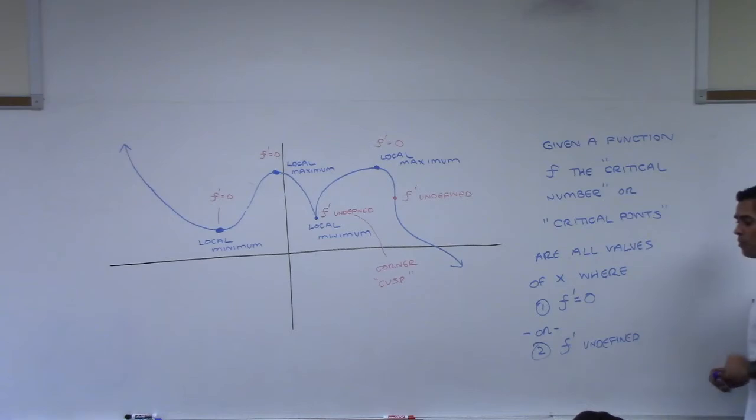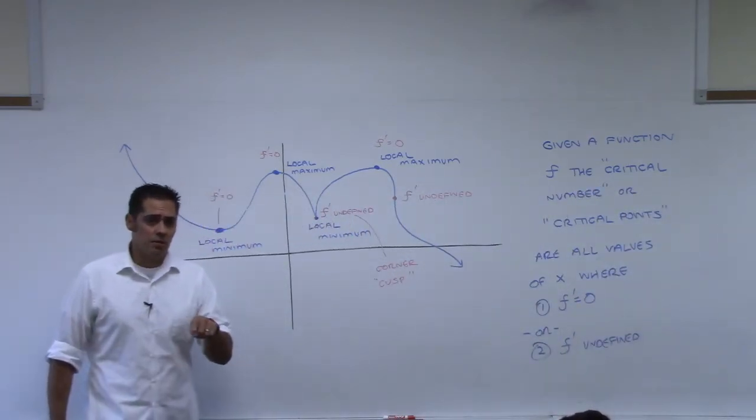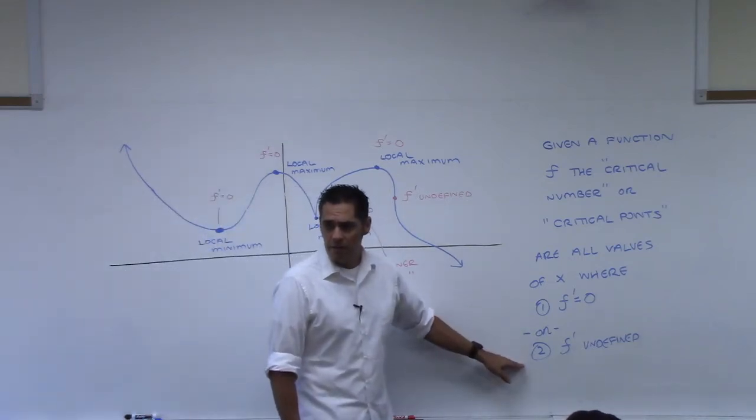Okay, so from this point forward, if I give you a function and I say, hey, go find the critical points, what you're going to have to do is figure out where the derivative is 0 and where the derivative is undefined. That's what you're going to need to do.